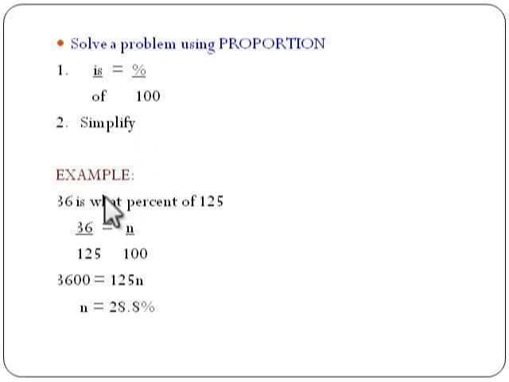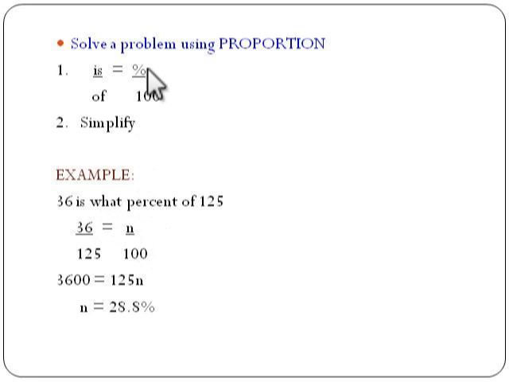So let's look at our example. 36 is what percent of 125? All right, now we said the is number. 36 is. So 36 is our is number, and it goes on top. 36 is what percent? I don't know the percent.